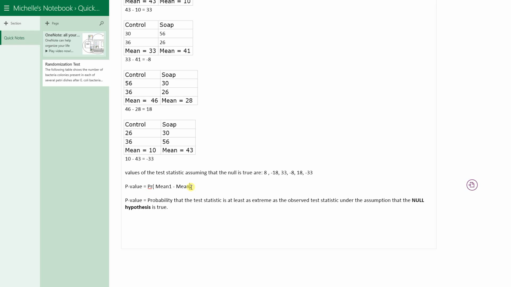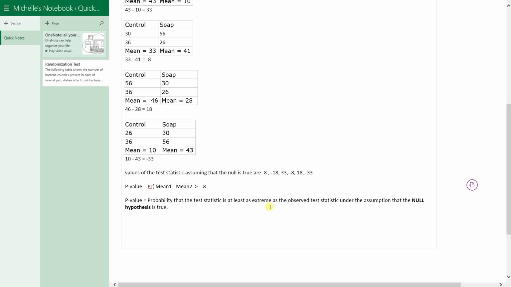That difference was the test statistic, right? It is at least as extreme, which means it needs to be at least as extreme as the observed statistic value. So 8 is the observed value, and this difference needs to be greater than or equal to 8.